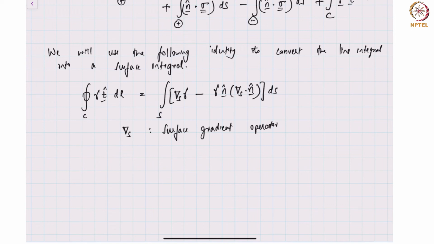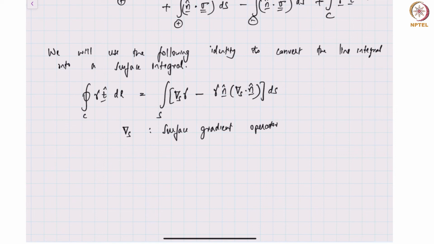For a flat interface, the regular gradient operator del and del_s mean the same. But to distinguish that this is a surface gradient operator, valid for taking the gradient of a scalar quantity along a curved surface where n hat, the normal vector, is changing orientation, we put a subscript s.